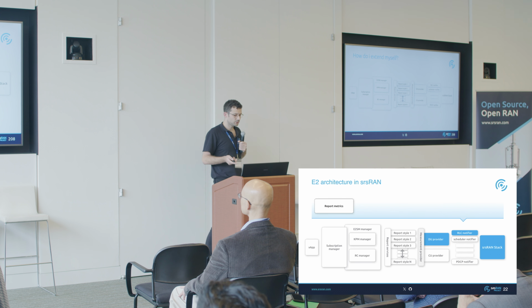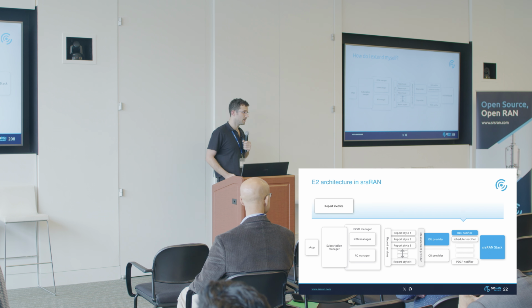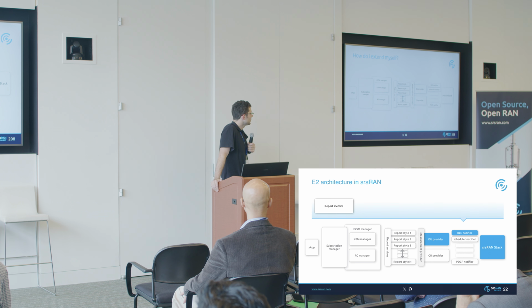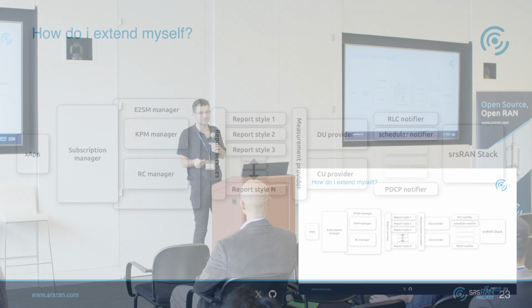So now I'm just going to say a few words about how to extend the E2 ourselves. There are three types of metrics that you might have to add. The easiest case is that you want to add a metric that you can derive from the existing raw metrics, but they haven't been parsed into the particular metric you're interested in.